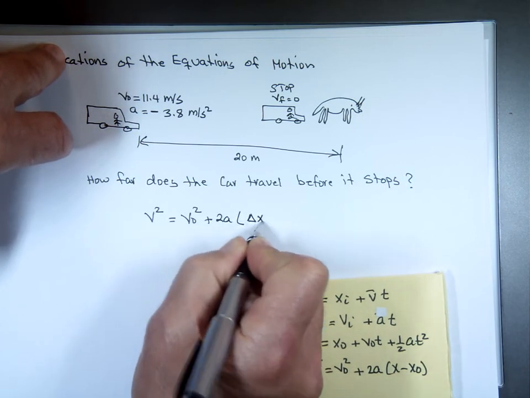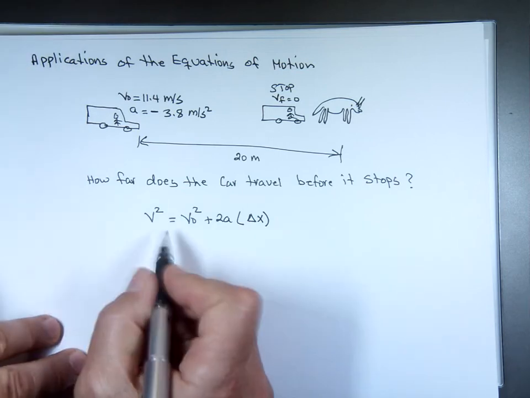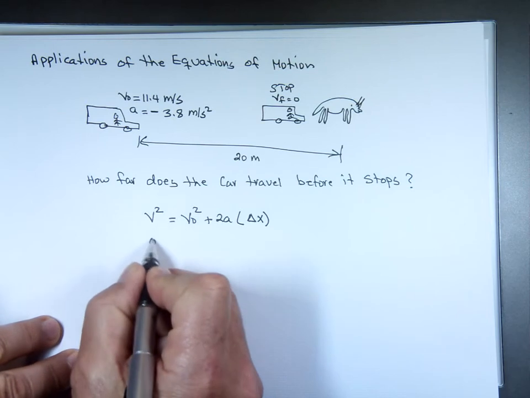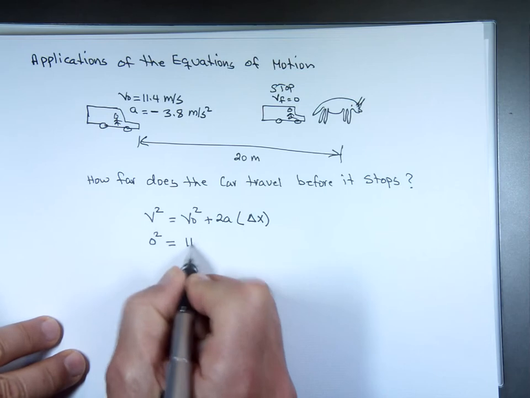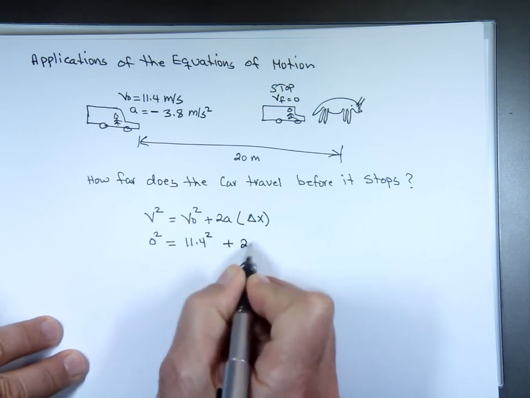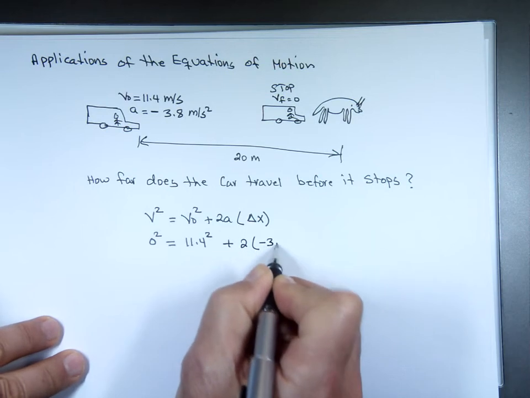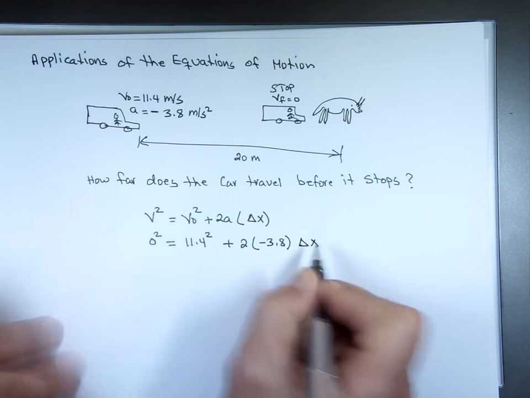Change in x, we'll call it delta x, the difference between the two x values. So what is my final velocity? 0 squared. What's my initial velocity? 11.4 squared. 2 times negative 3.8 times the change in x, the distance traveled.